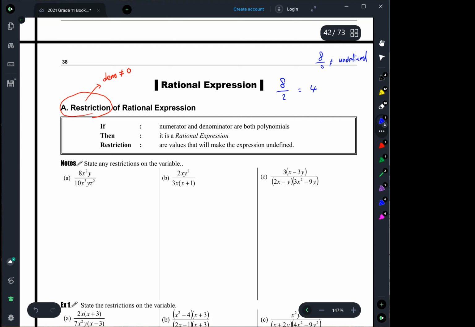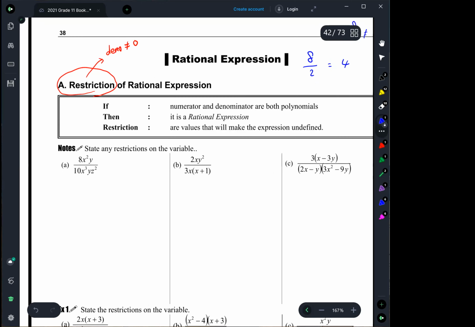Now we are dealing with rational expression, meaning you have variables. So this part is just focusing on restriction. If the numerator and denominator are both polynomials, then it is called a rational expression.